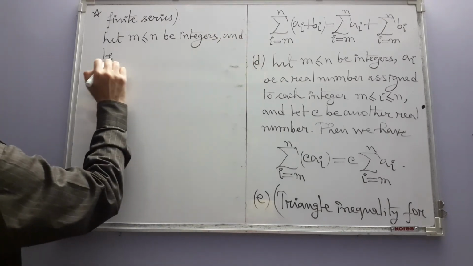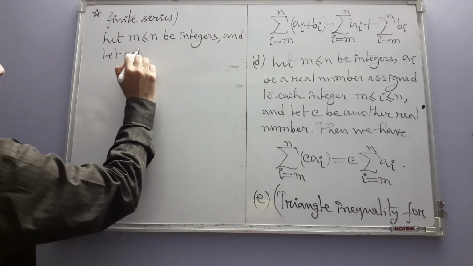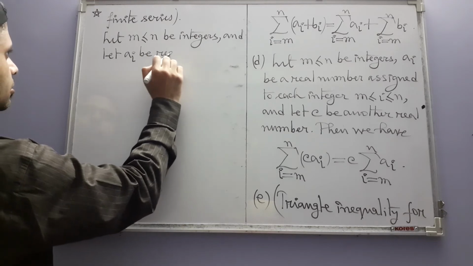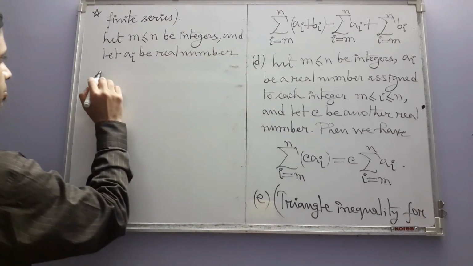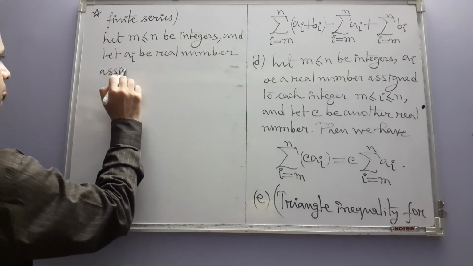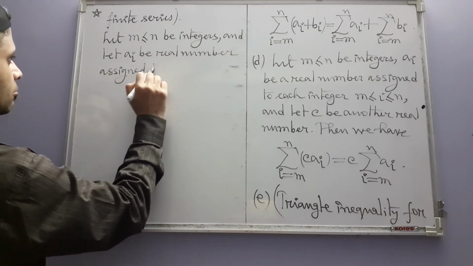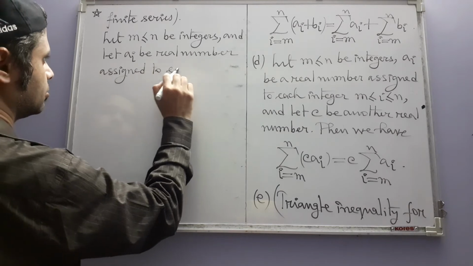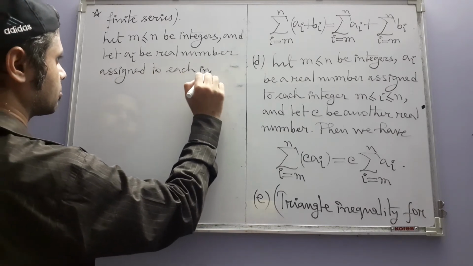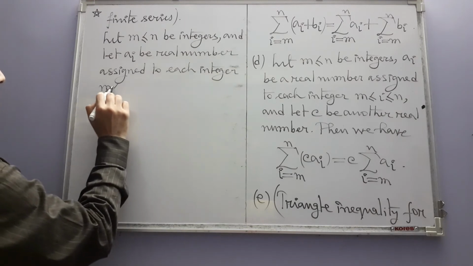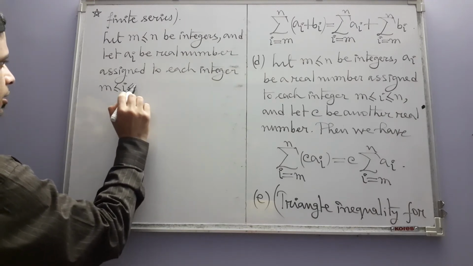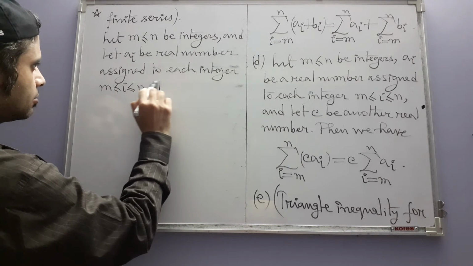And let a_i be assigned to each integer i lying between 1 and n.